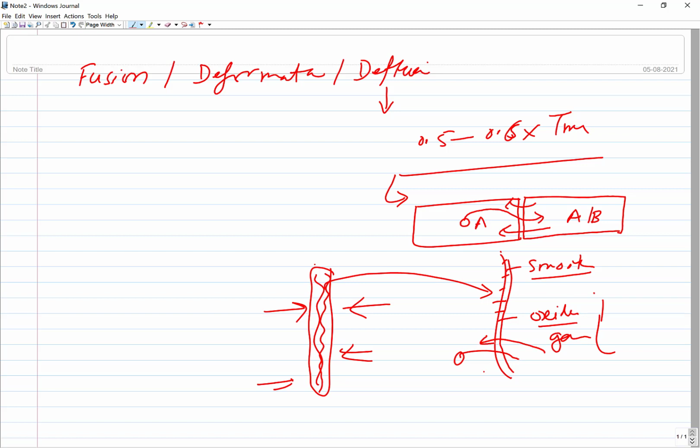And then metallic continuity will not be achieved 100%. There will always be some voids across the interface, which may be 5%, which may be 10%. Those voids and porous zones will contribute to stress concentration, and thereby deteriorate the joint performance.